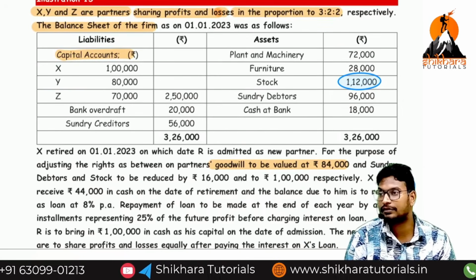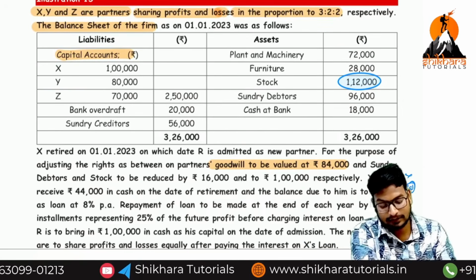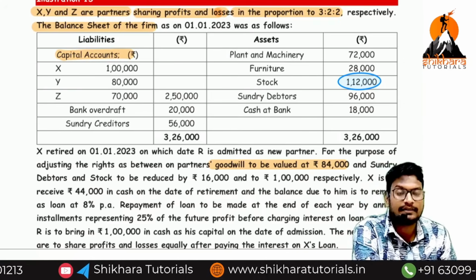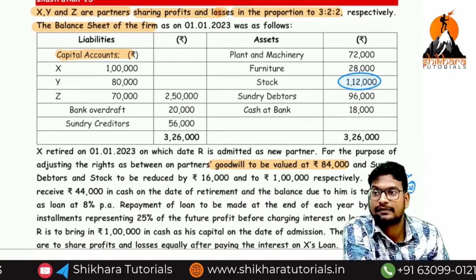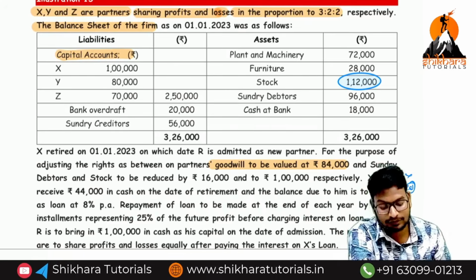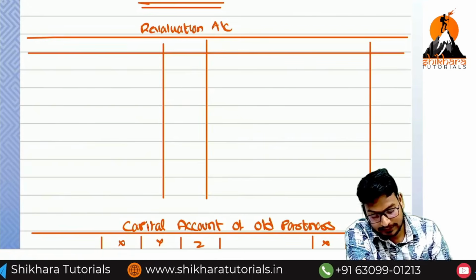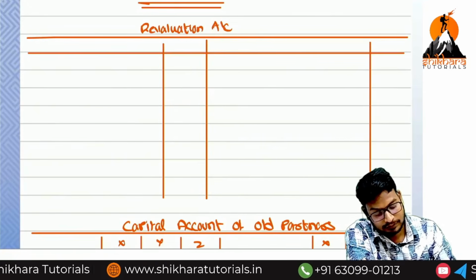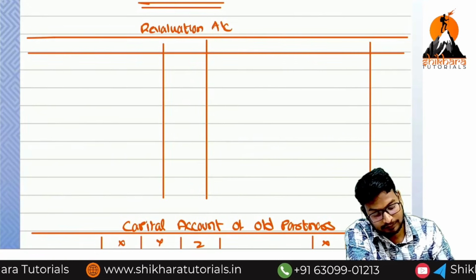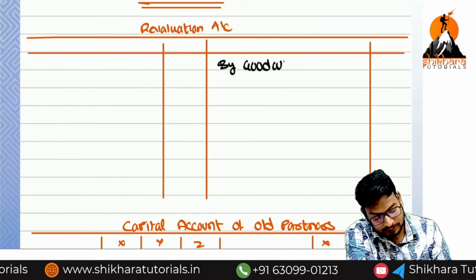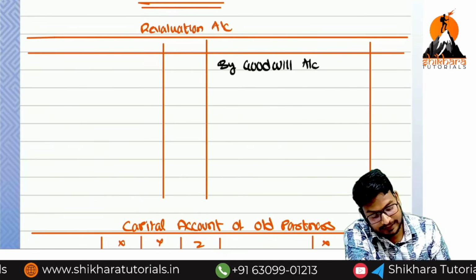Goodwill increase means asset increases. If the asset increases, what is the entry? Asset account debited to revaluation account. In the revaluation account, which side do we disclose? Credit side. By goodwill account. How much amount do we need to maintain?